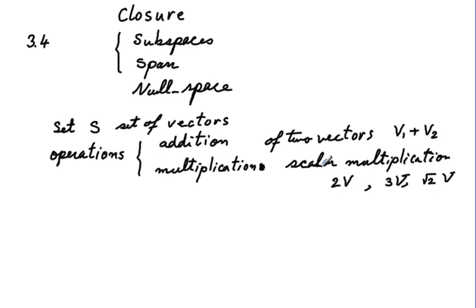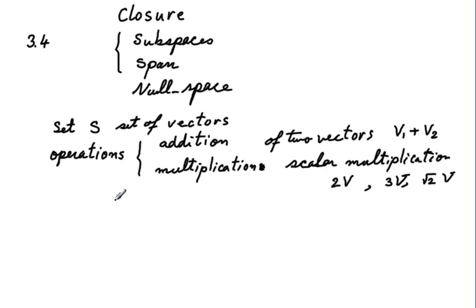So scalar multiplication means you are taking a scalar number, any ordinary number, and you are multiplying it with a vector. The closure question is, if you do these kind of things, do you have a chance of producing something that wasn't in the original set, or is it that always you are staying within the set that you started with?